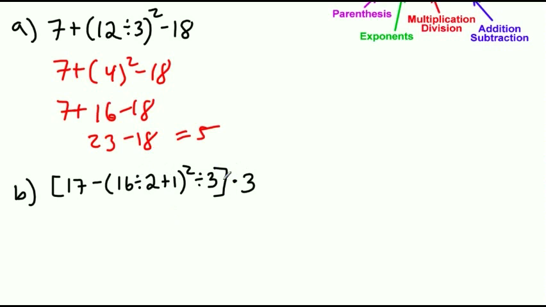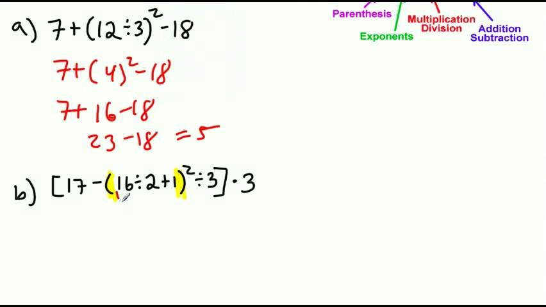So how do we handle that? When you have brackets and parentheses all in the same problem, then you do the inner grouping symbol first. So we're going to first deal with this guy right here first. We're going to deal with the inner one first. Okay, my little highlighter thing's kind of weird right now, but oh well. So we're going to first do that first, and then we'll go with the outside there. Okay.